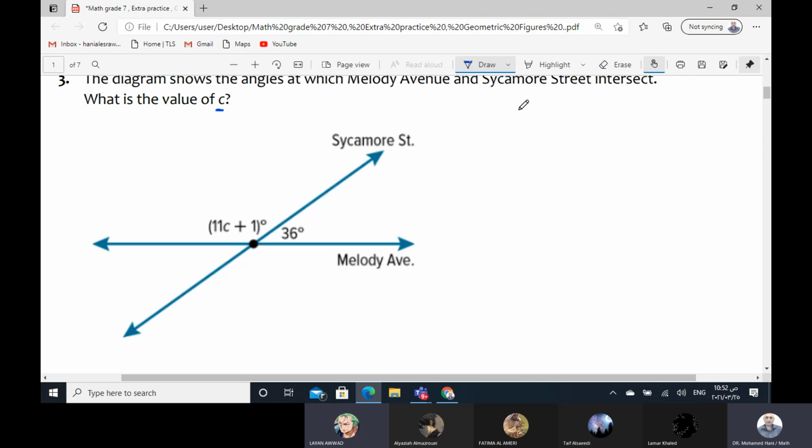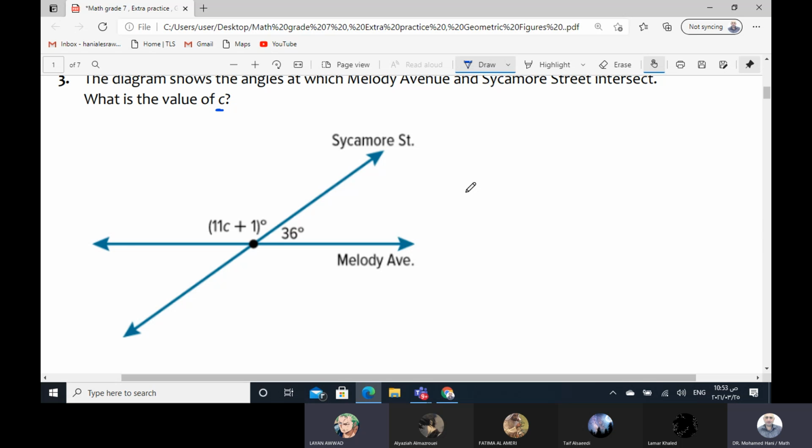And then equal 180, because the common angle equals 180. Great. 1 plus 36 will be 37. And then 180 minus 37 will be 143. 143 divided by 11 will be 13.